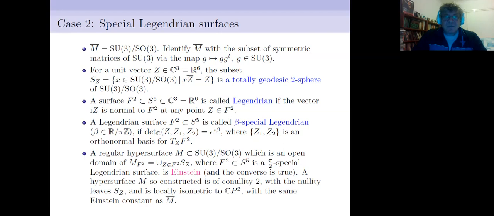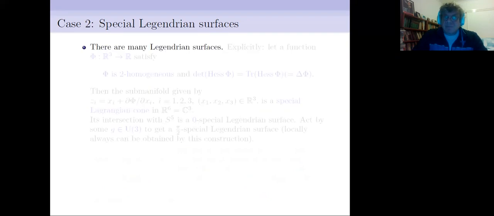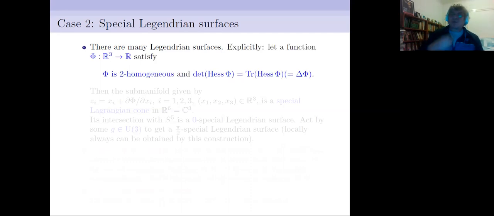On the next slide, there are many such surfaces, and there are different ways of describing them, and one of them, my personal favorite, is this one here.